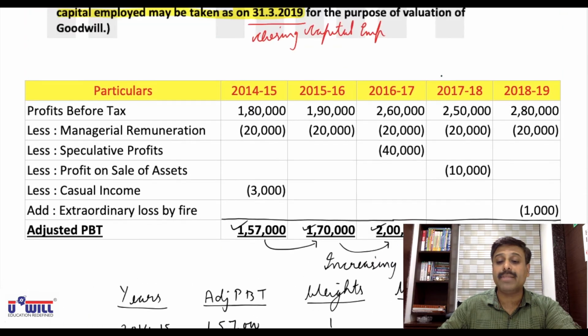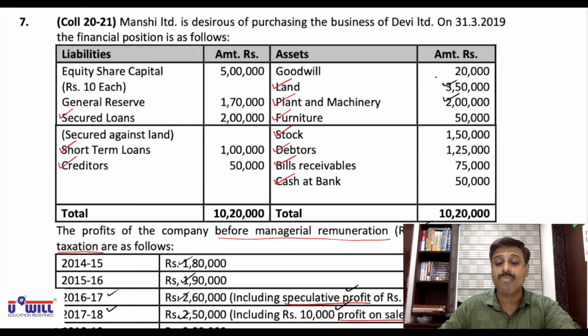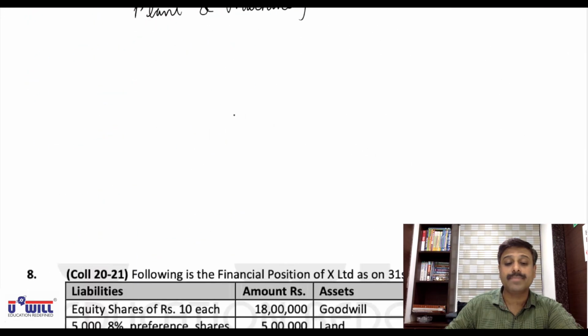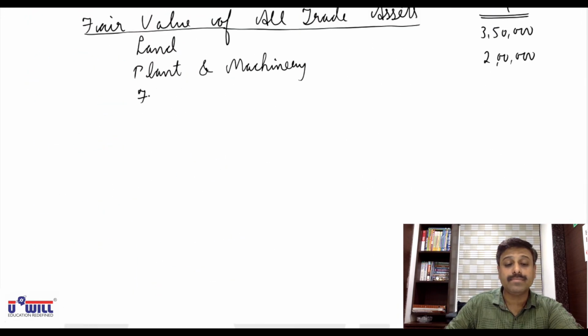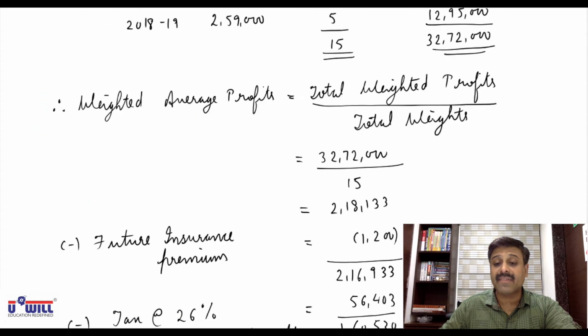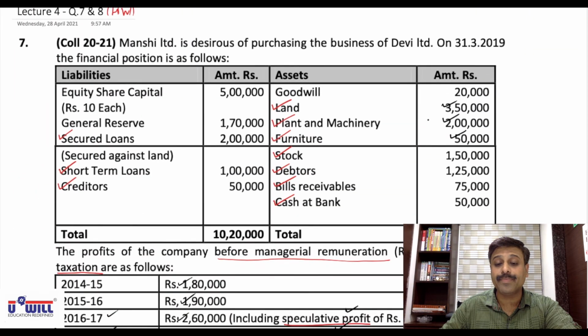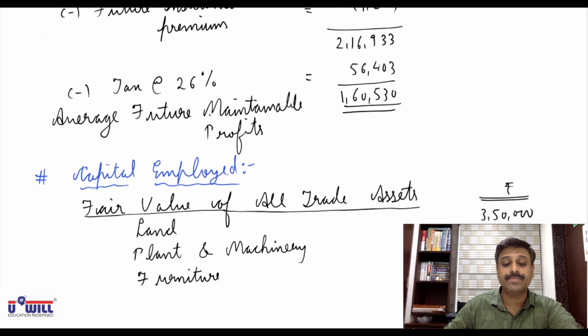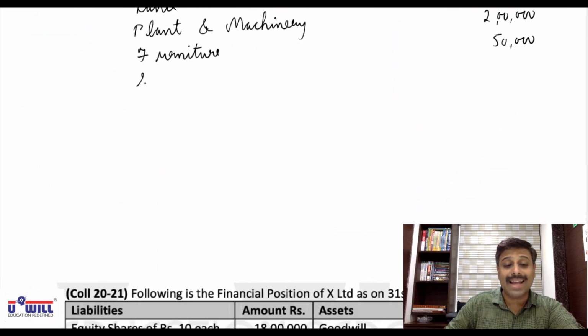Then after plant and machinery we have furniture 50,000. Then after furniture we have stock 1,50,000.